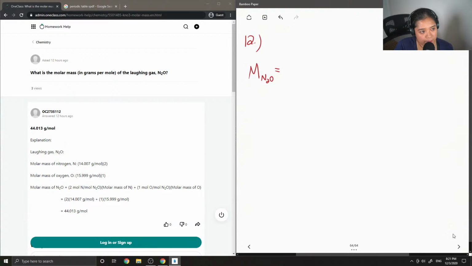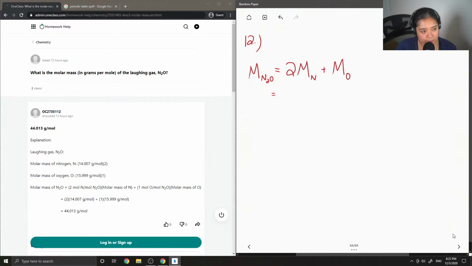So for this compound in particular, its molar mass will be equal to 2 times the molar mass of nitrogen plus the molar mass of oxygen. And we multiply this by 2 since there are 2 atoms of nitrogen in the compound.